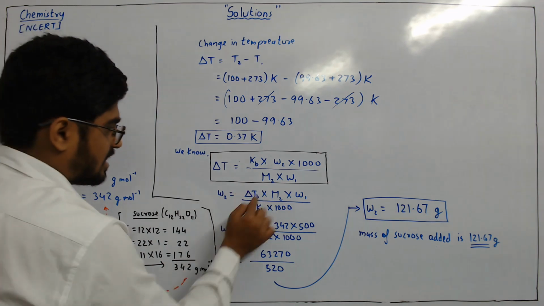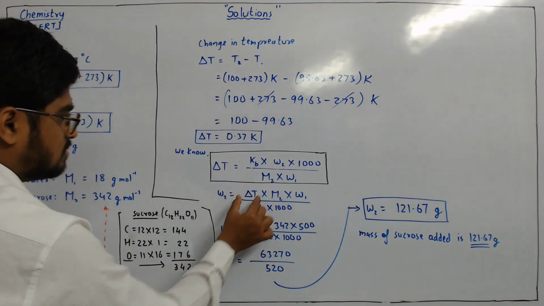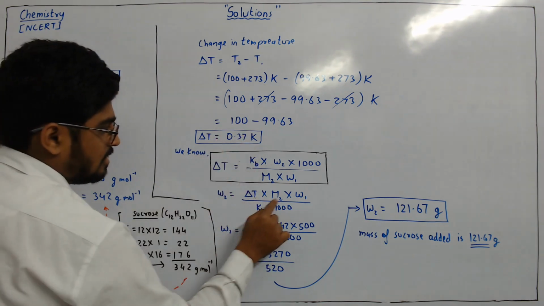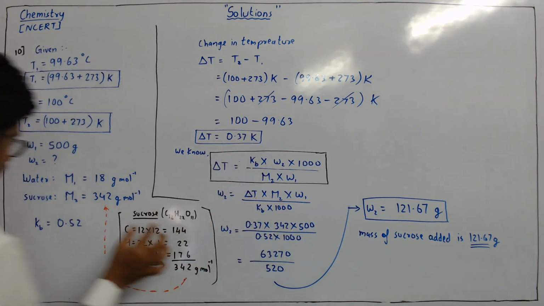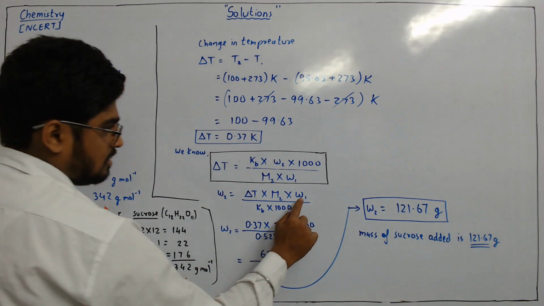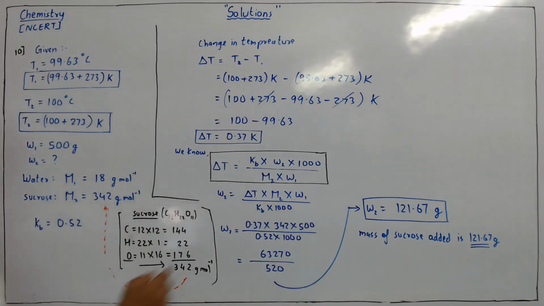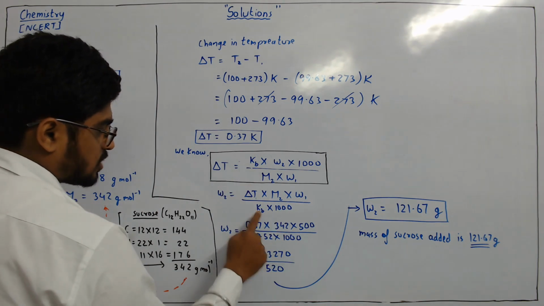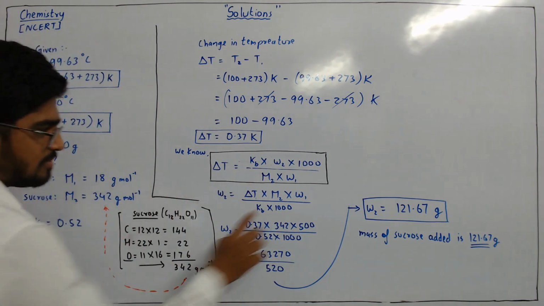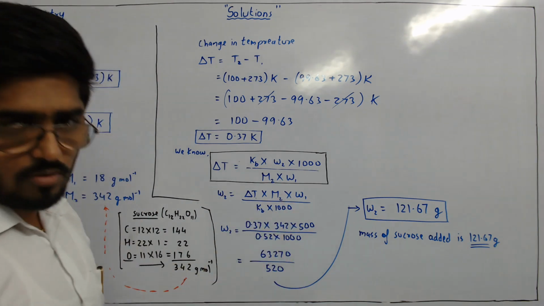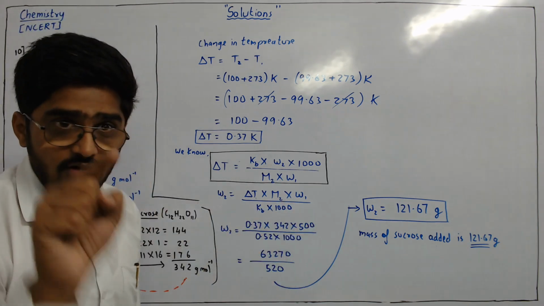Then from where we got the delta T value? See, from here. We have kept the molar mass of sucrose we just calculated, keep here. W1 means mass of water, how much? 500 gram given. Kb, always take the value of the constant, 0.52, multiplied by 1000. So this numerator, pause the video and multiply these things in your rough book.